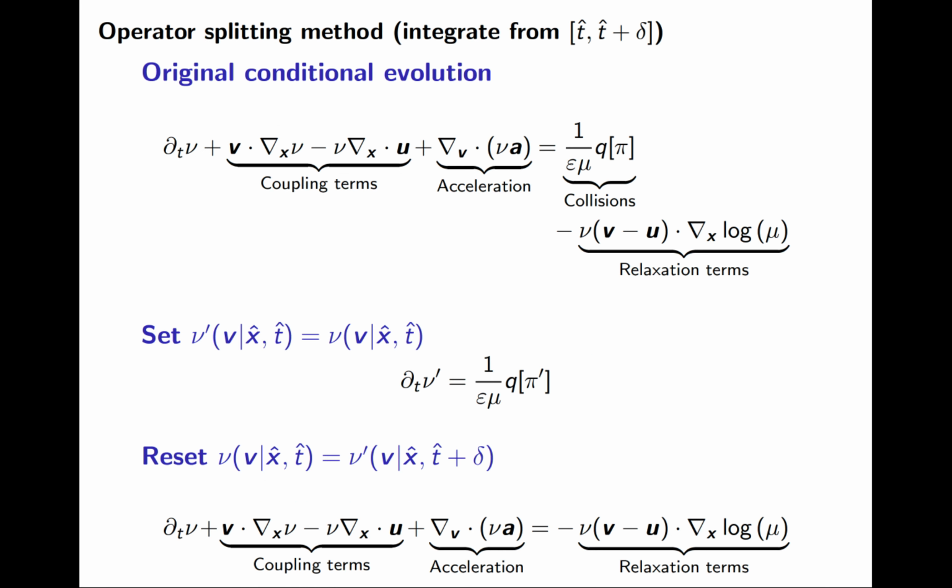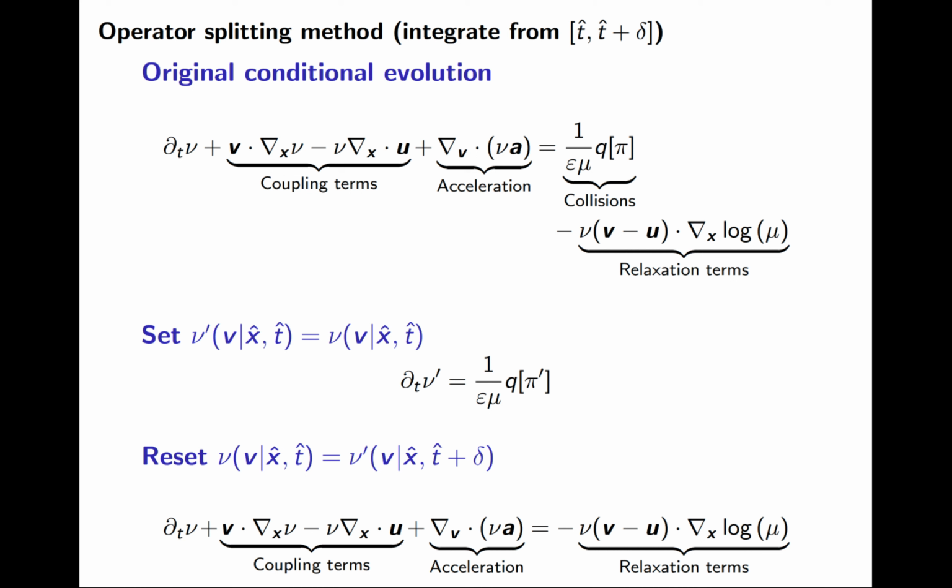Okay, so we need to evolve this conditional density over some small time window t hat to t hat plus delta. To give some context, recall that we're solving these conservation equations on the macro scale, which only depend on the spatial domain, and that for each time step of the discrete version of the conservation equations, we also need to update this conditional density at particular points that we scatter around the domain that we're free to choose.